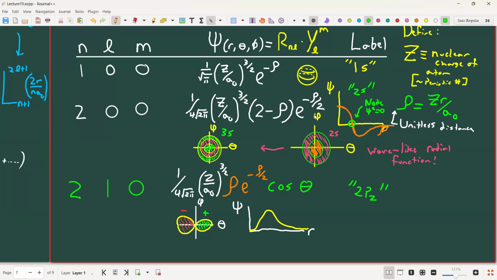Now, the only place where the 1s orbital wave function is 0 is at infinity. Here, this wave function is 0 at infinity, but it's also 0 where rho is equal to 2, where r is equal to 2a naught if Z is 1. That's what that would mean.